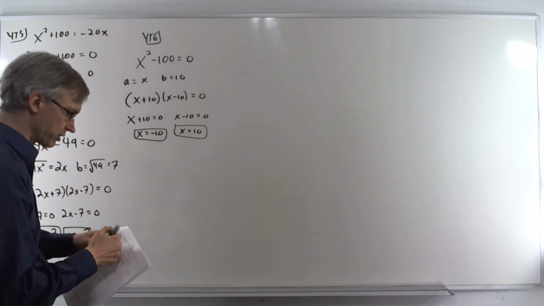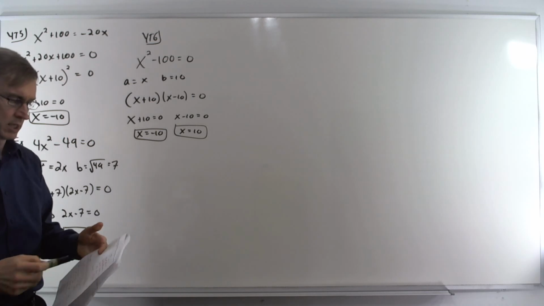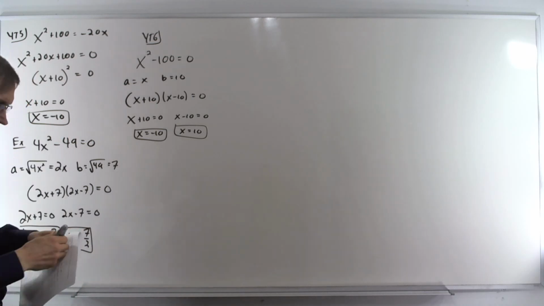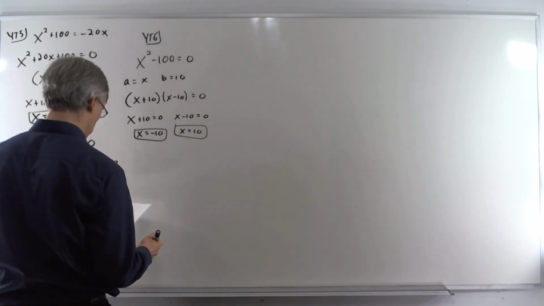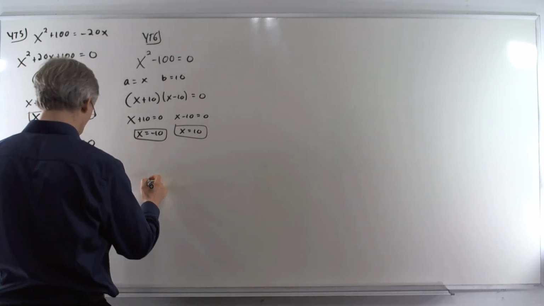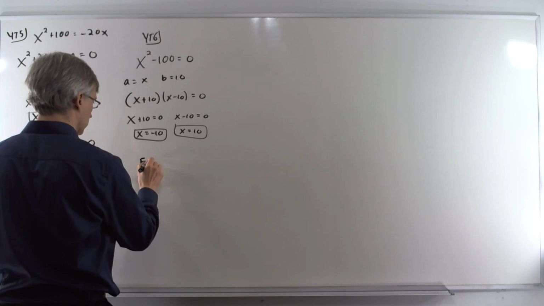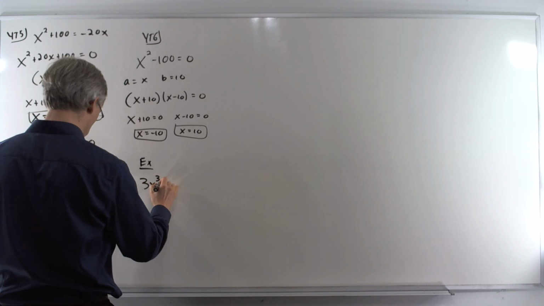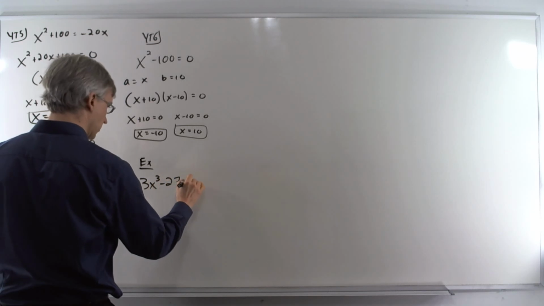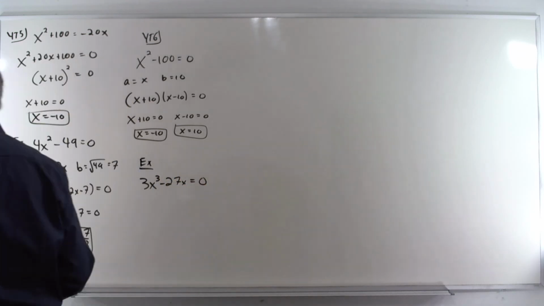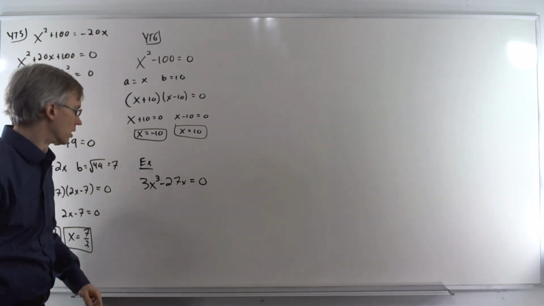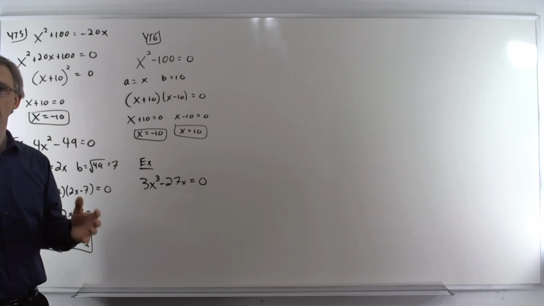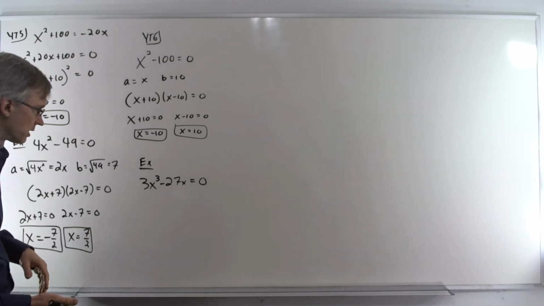Now the principle of zero products doesn't just work with two terms, it can work with any number of terms. So for an expression like this, when we start factoring this, of course we're going to start with a GCF, as we always do.